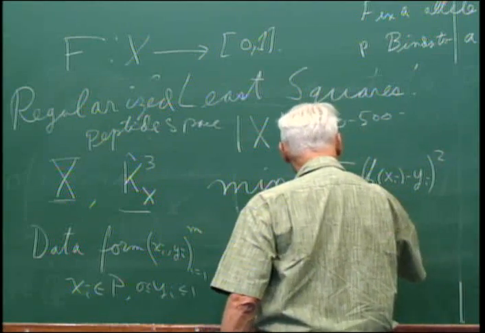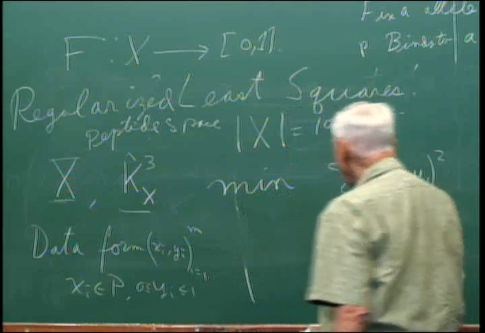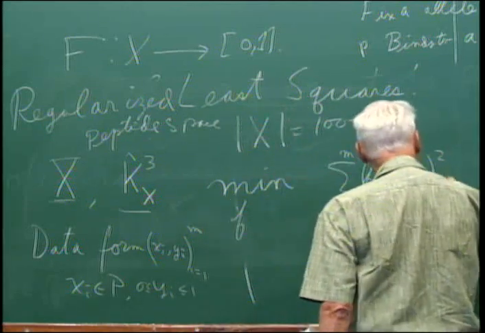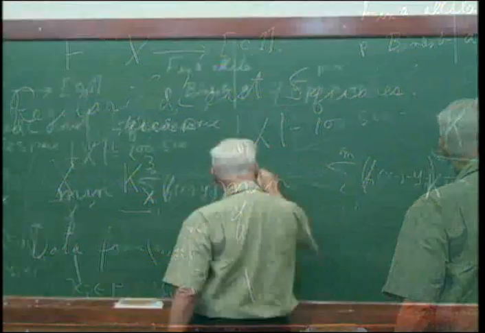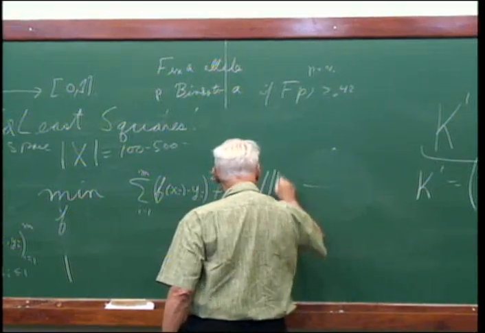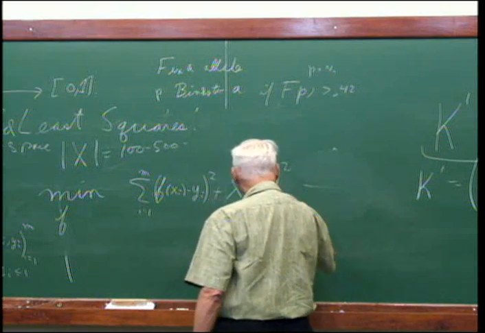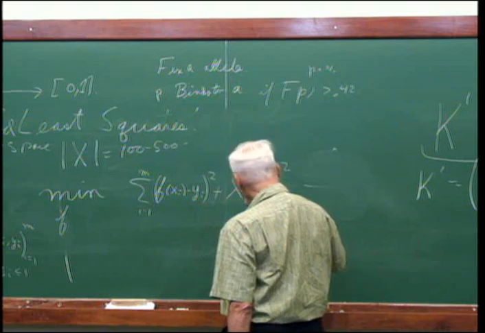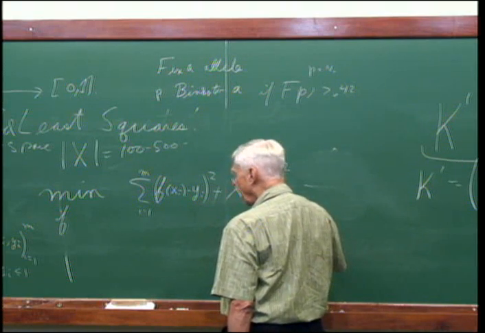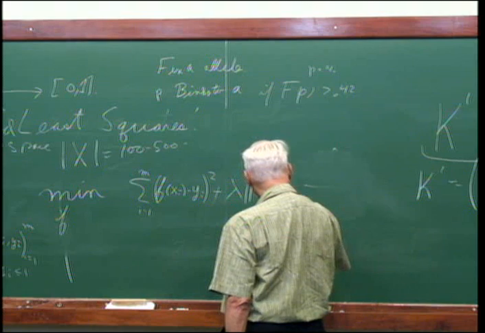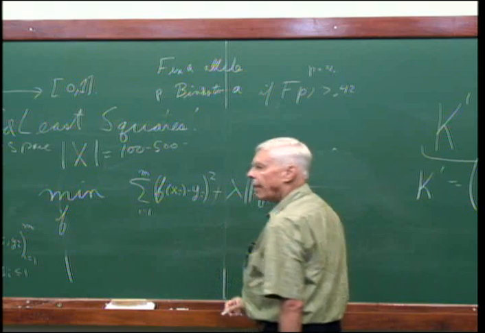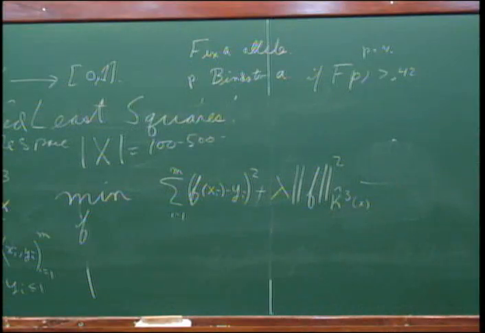We want to minimize f plus lambda times the norm of f squared in this Hilbert space, or in this norm defined by the Hilbert space, by k hat on x. That's the equation that has to be satisfied.